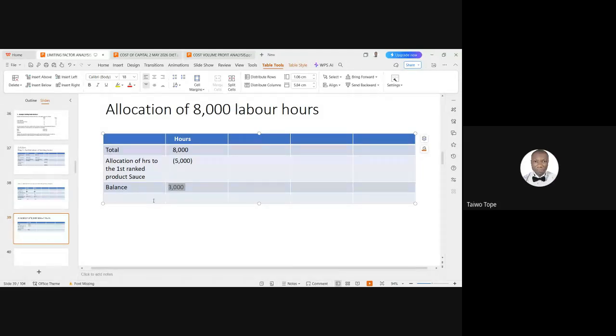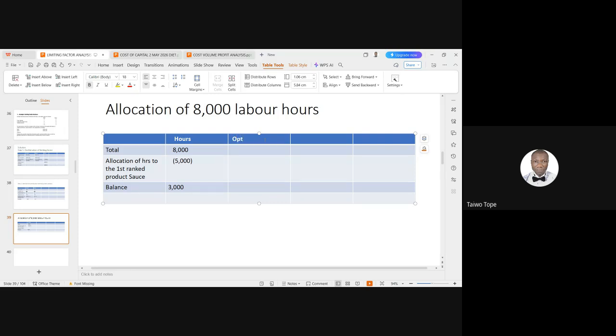Then what will now happen? We divide 3,000 by 2 hours, which gives 1,500.